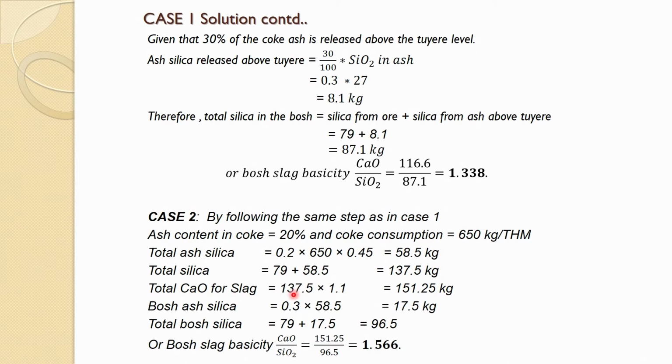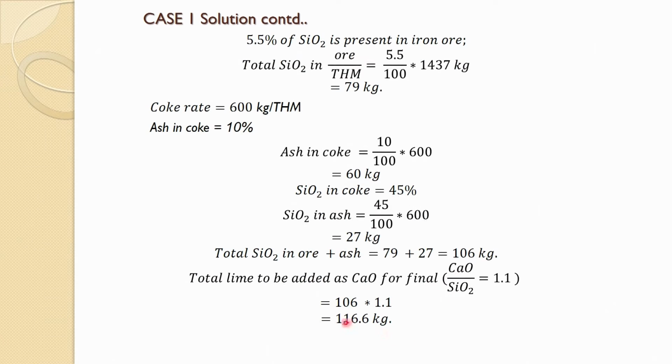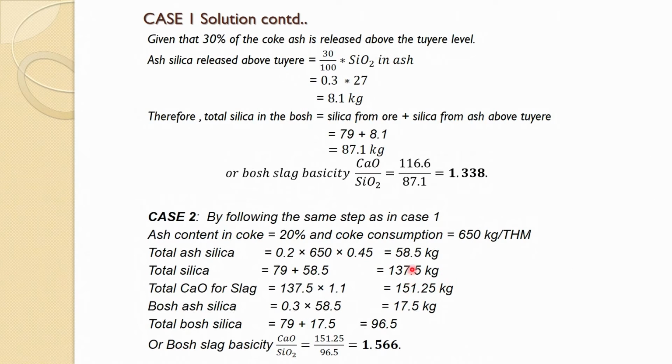Total CaO for the slag, having the same final basicity of the final slag 1.1, has increased to 151 kg. So, look at that, from 116 to 151, it has increased substantially to maintain this basicity of the slag as a final one. So, this much lime you need.